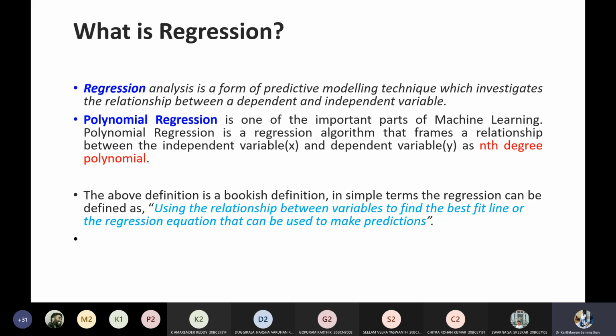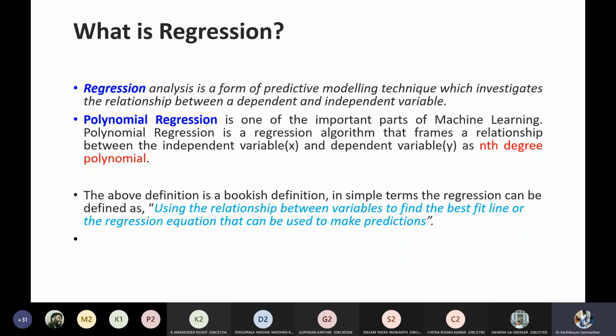So what is polynomial regression? Polynomial regression is nothing but a relationship between the independent and dependent variable as an nth degree polynomial. As an nth degree polynomial, it will go up to the nth degree. Suppose you place the values for x1, x2, you will get some kind of accuracy for y. In this polynomial regression we are finding the best fit line by using the linear equation.